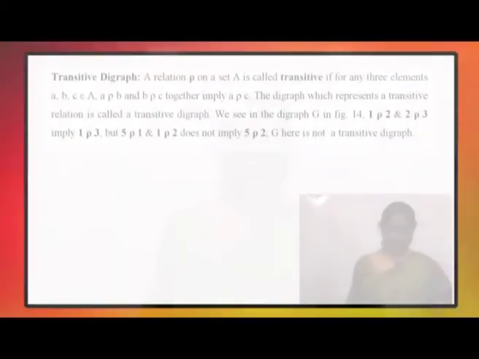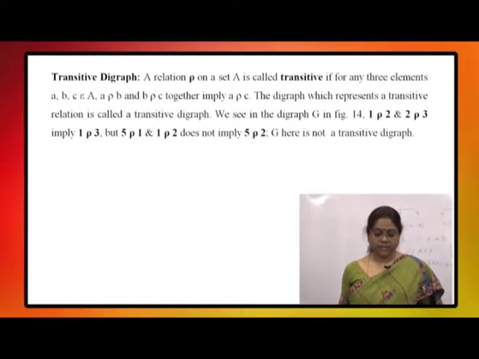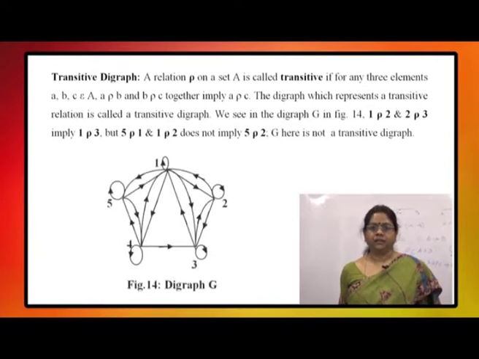So, the digraph which represents a transitive relation is called a transitive digraph, and in figure 14 we can see the vertex 1 is related to 2, so 1 rho 2 and 2 rho 3, and we get 1 rho 3.